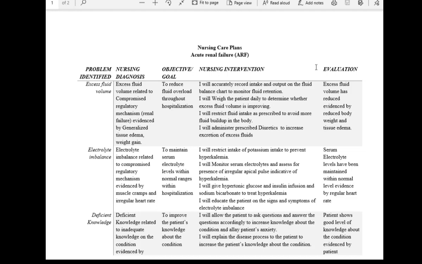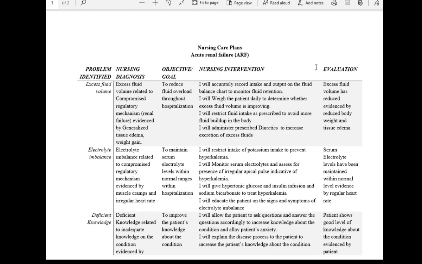Our objective for this problem, to maintain serum electrolyte levels within normal ranges throughout hospitalization. So we want to maintain normal levels of electrolytes in the body, we want to balance them.